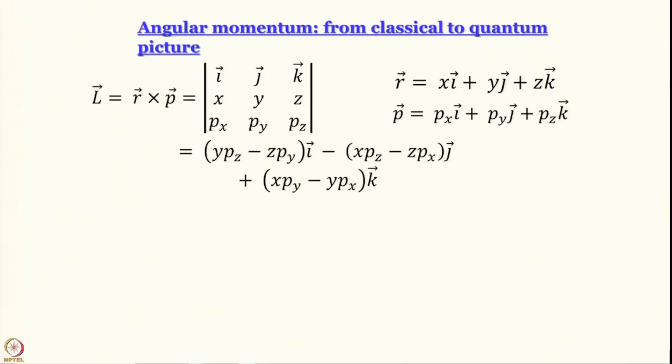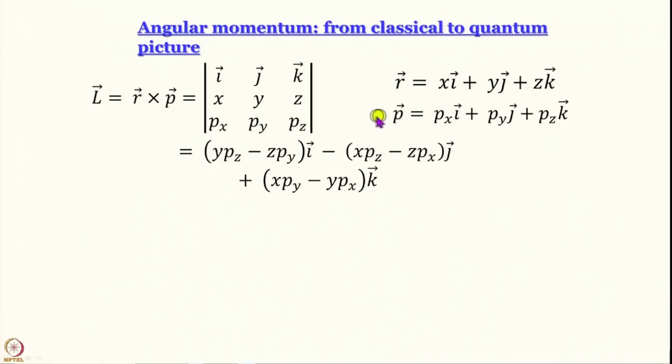What is the consequence? You get something like this: i multiplied by ypz minus zpy, j multiplied by xpz minus zpx, well there is a minus sign before that, k multiplied by xpy minus ypx. Remember px, py, pz are operators, in fact x, y, z are also operators.